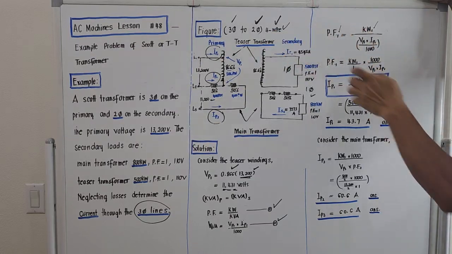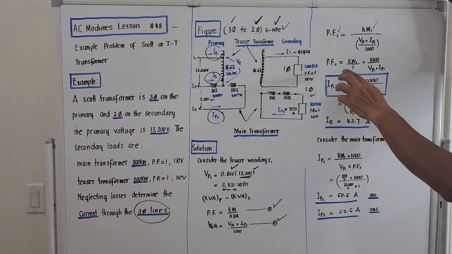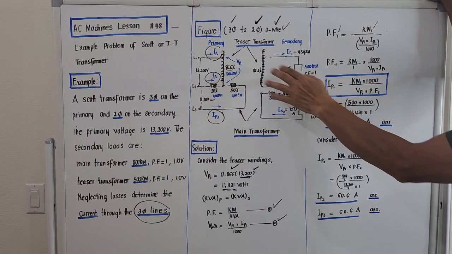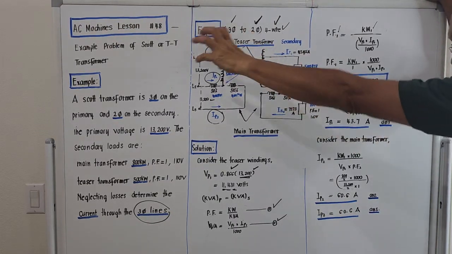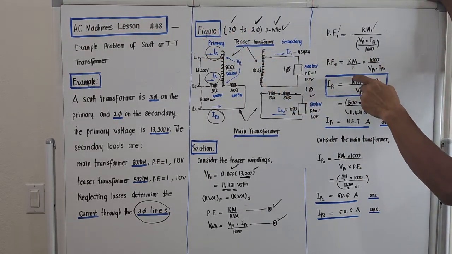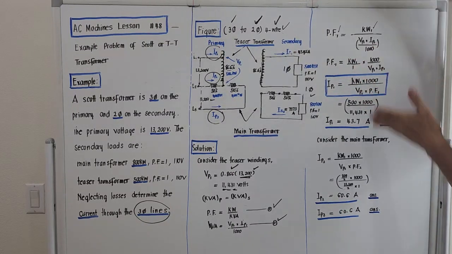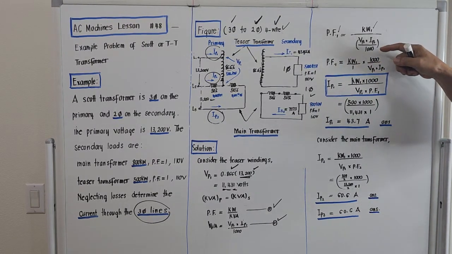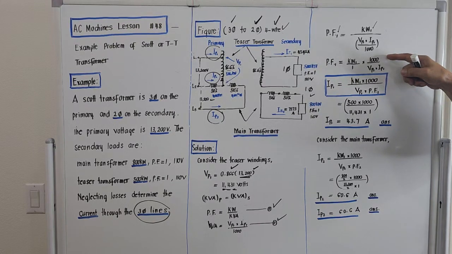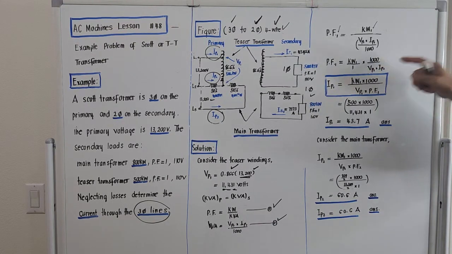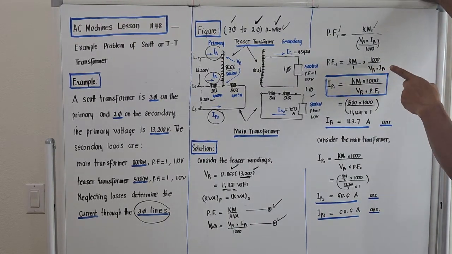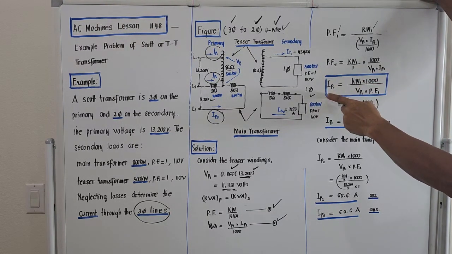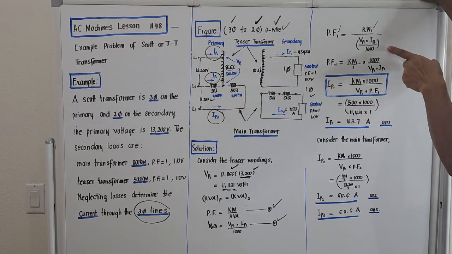If we simplify this, power factor with the subscript 1, meaning it's the power factor of the teaser transformer and the primary, should be equal to kilowatt number 1. We change the operation from division to multiplication, so it will be kilowatt 1 over 1 times the reciprocal of this, which is 1000 over the product of VP1 IP1. And if we try to compute for IP1, IP1 now will be kilowatt number 1 times 1000 is this.